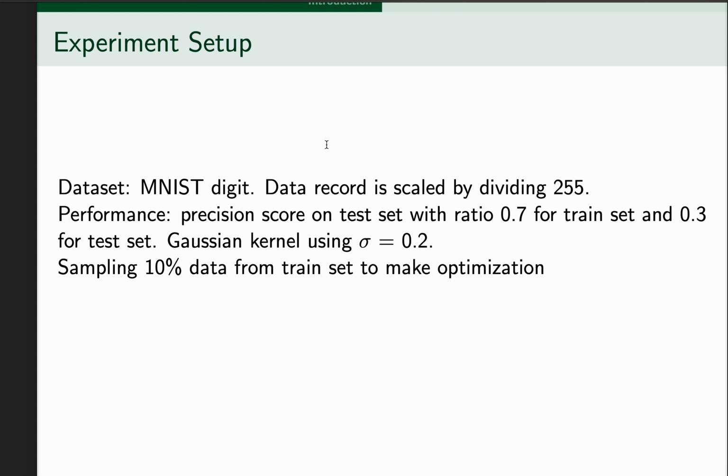The performance scores are evaluated on datasets with a ratio of 0.7 for training and 0.3 for testing. The Gaussian kernel uses sigma equal to 0.2, and the RSVM is controlled by sampling 10% of data from training to match optimization.